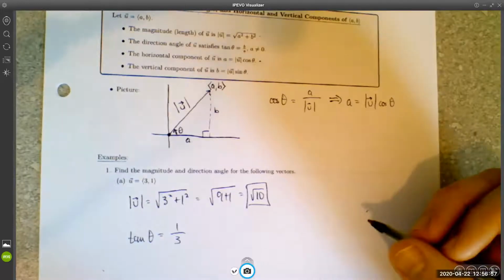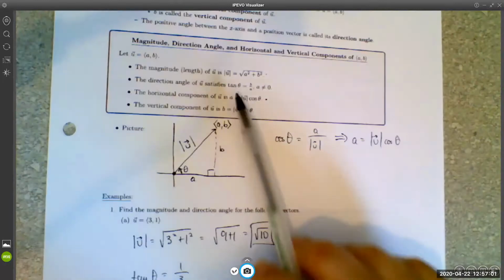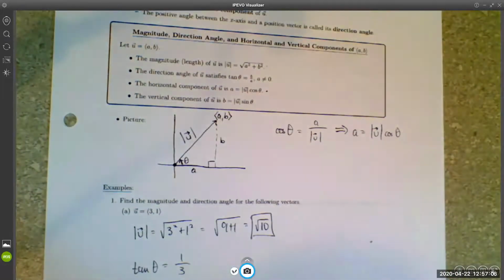Now, you might think, why don't we just say that theta is tangent inverse of b over a? And the answer to that question is that it's not always true, right? If you think about our discussion of the inverse trig functions, tangent inverse is going to map you to somewhere between negative 90 degrees and positive 90 degrees.